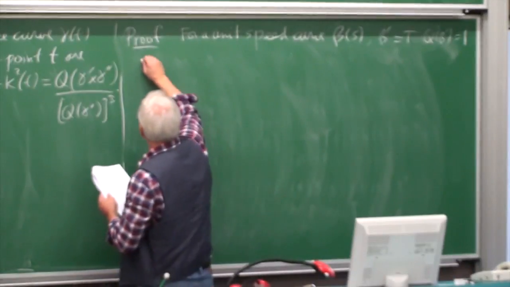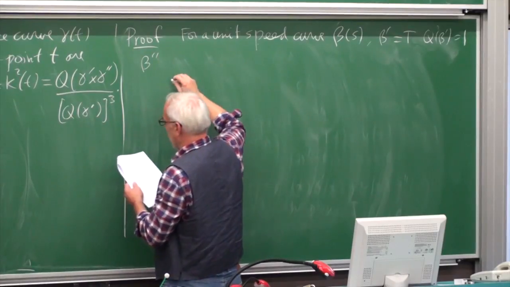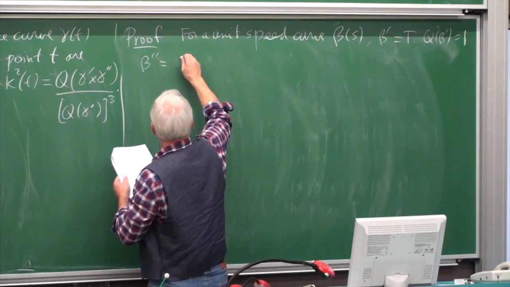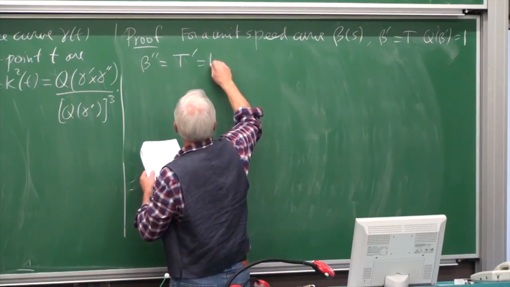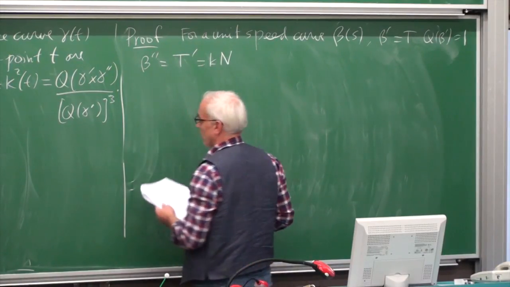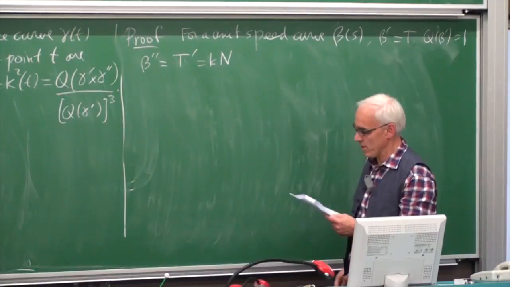We also know that beta double prime, which is the derivative of the tangent, is k times n. That's our first Frenet formula.